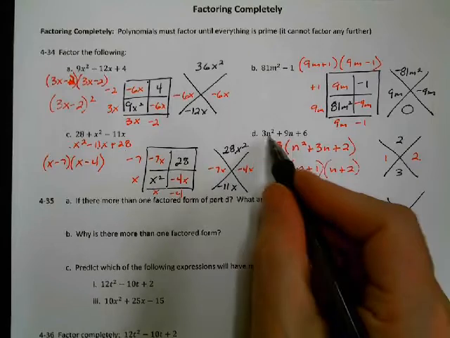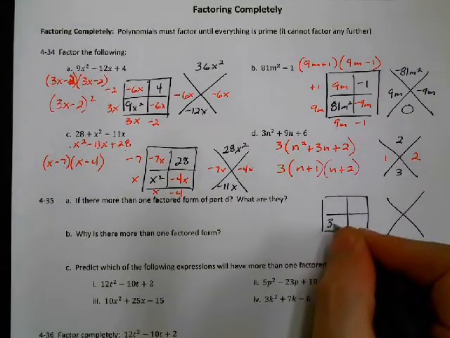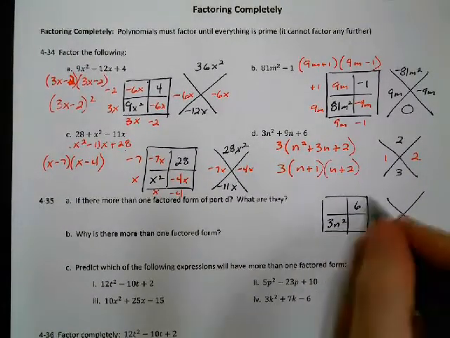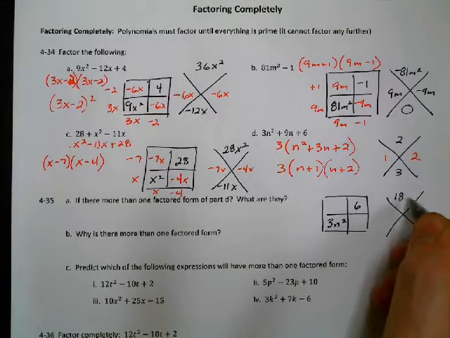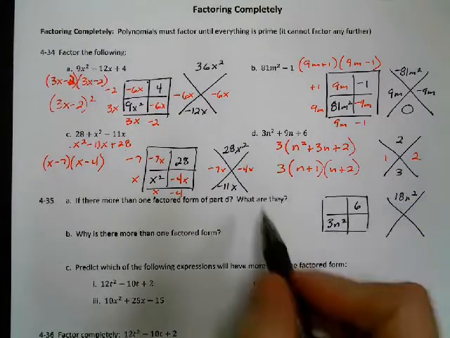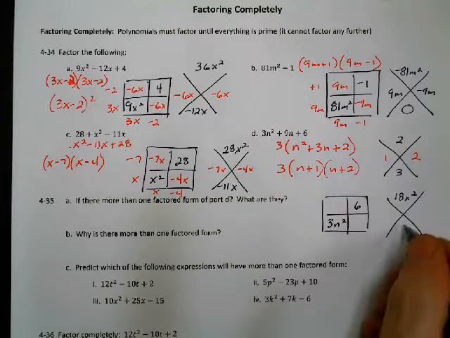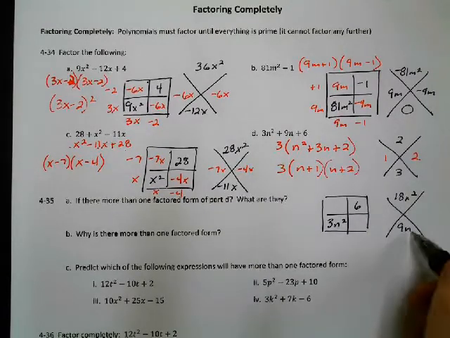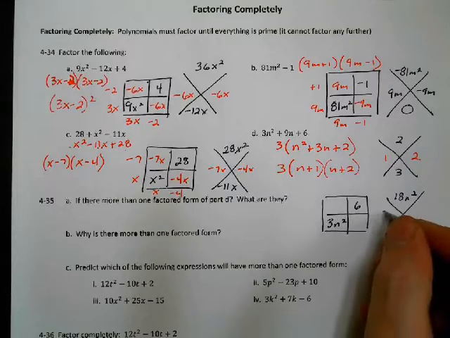I'm going to put 3n squared here, and I'm going to put 6 here. So these two are giving me 18n squared. And then they're adding up to give me 9n. So what multiplies to give me 18 but adds to give me 9? That would be 3n and 6n.